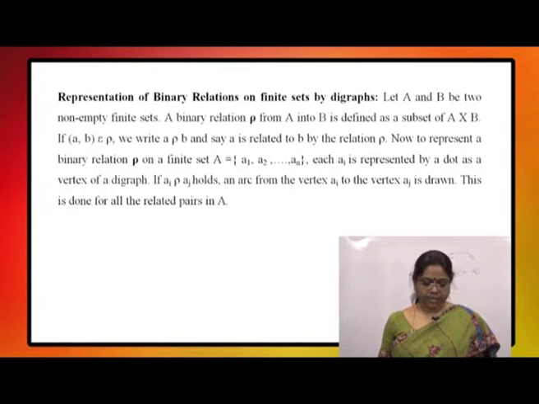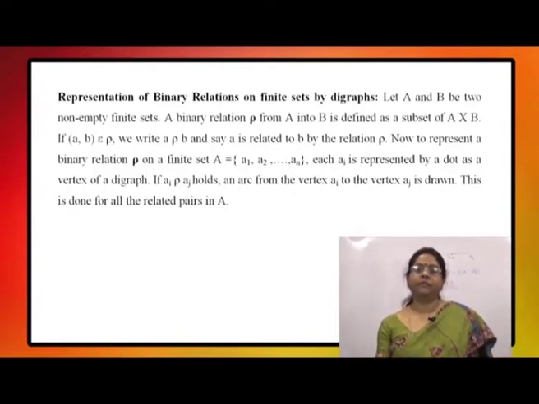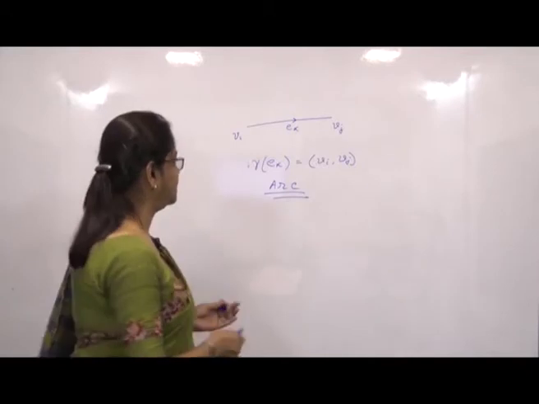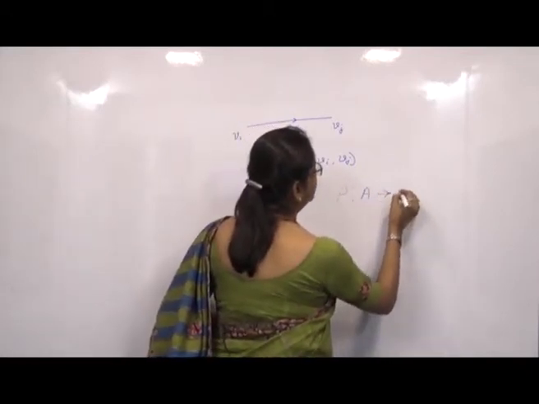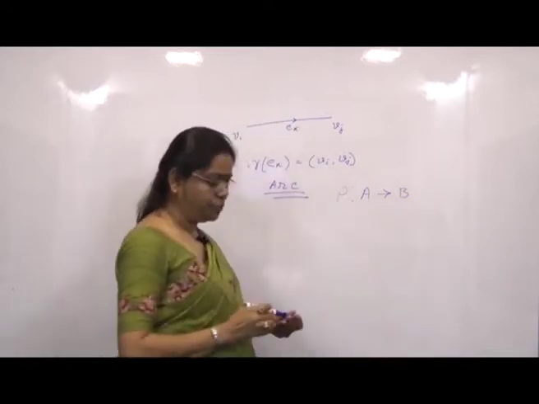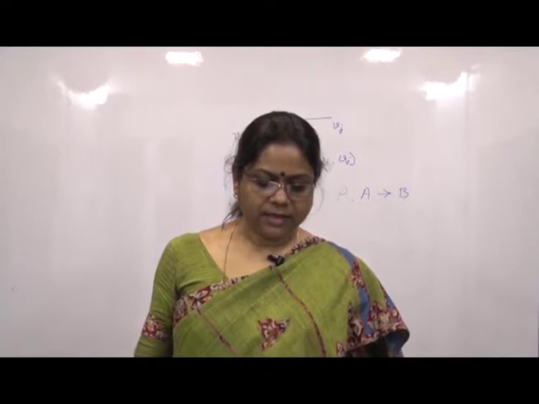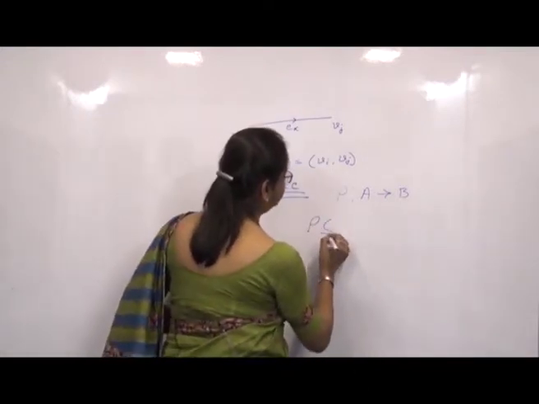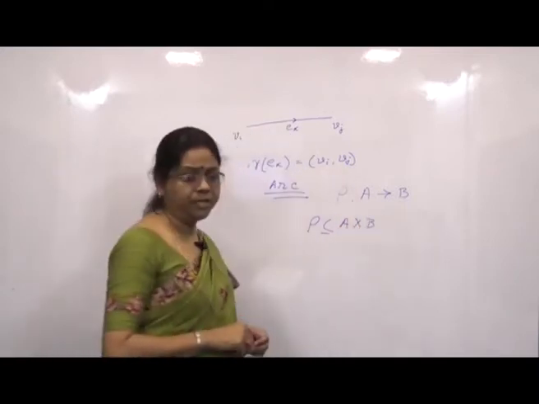That is, if A and B are two non-empty finite sets, then a binary relation rho from A to B is defined as a subset of Cartesian product of A and B.